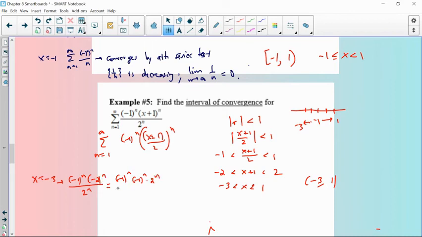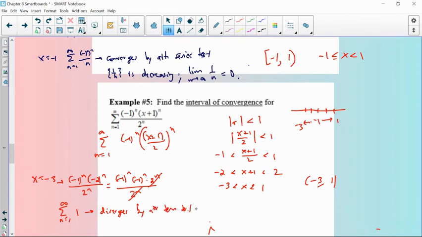I'm just breaking up that negative over this 2^n, and those cancel, and (-1)^n times (-1)^n is just 1. And so what I end up getting is the series as n goes from 1 to infinity of a bunch of 1s, right? So that doesn't work. If I'm adding 1 plus 1 plus 1, that's not going to give you a finite sum. So it's definitely not -3. This series diverges by the nth term test, because the limit does not go to 0.